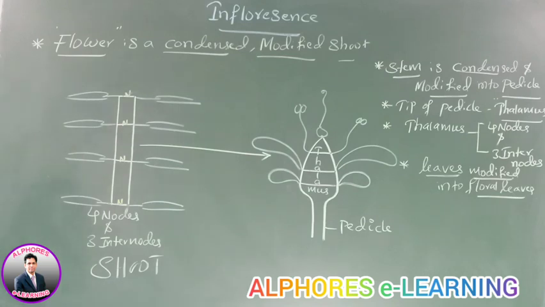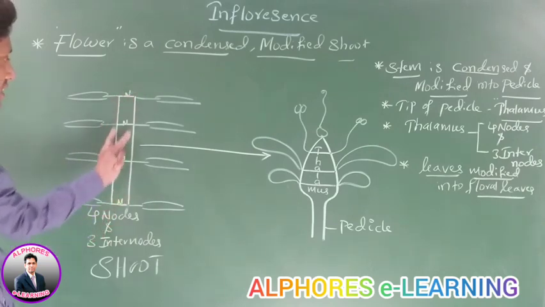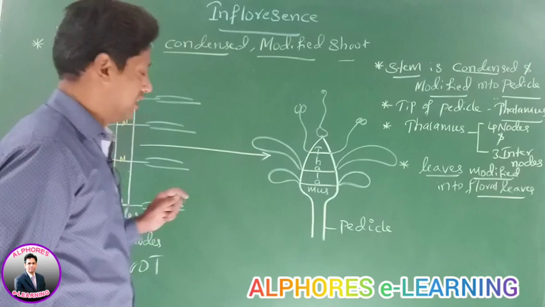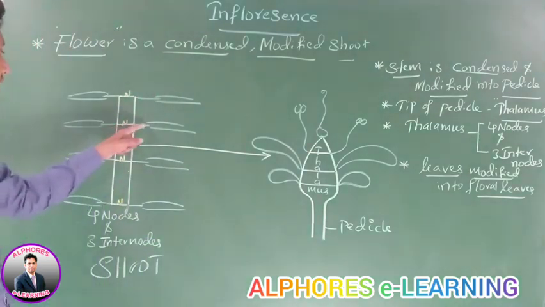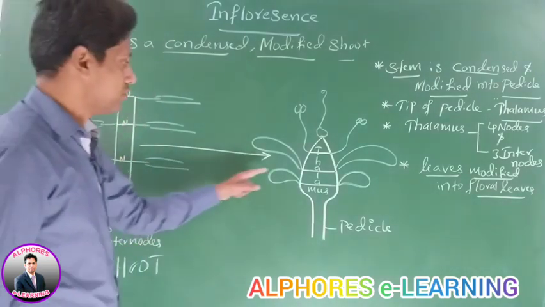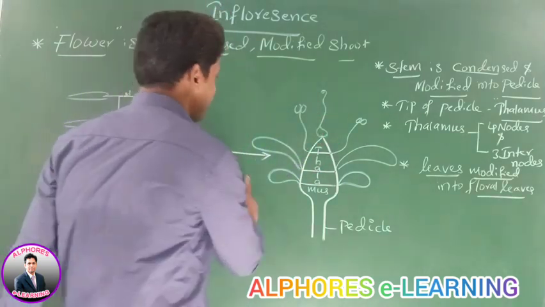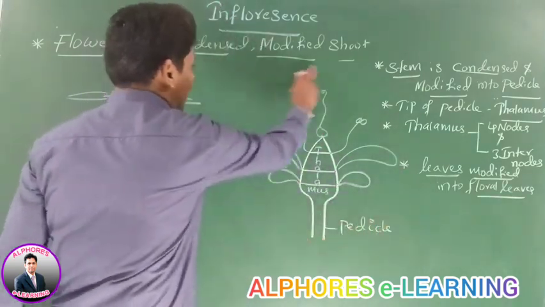Yes or no? Right? Sir, what happened here? This stem is condensed and modified into pedicel. What happened to these leaves, sir? These leaves are modified into floral leaves. Therefore, now this total structure is called as a flower.